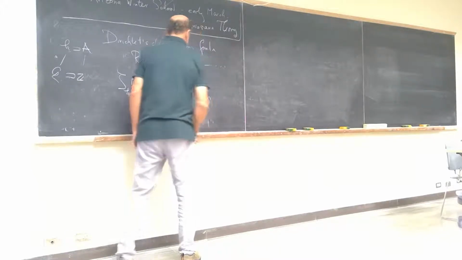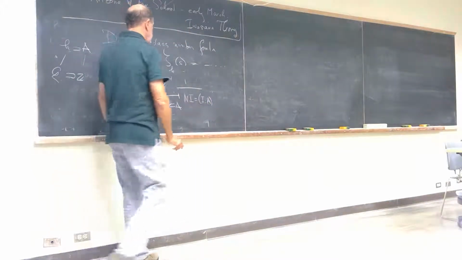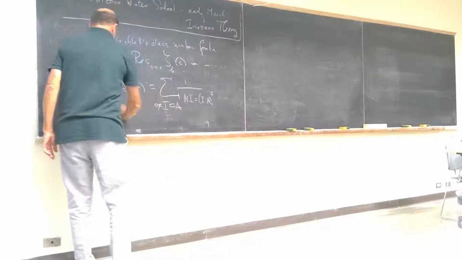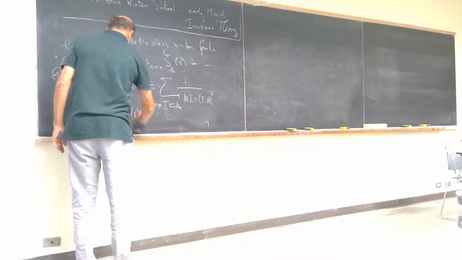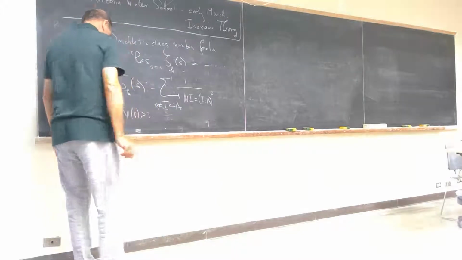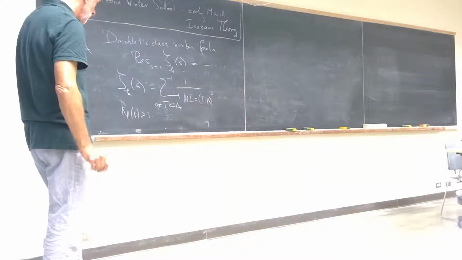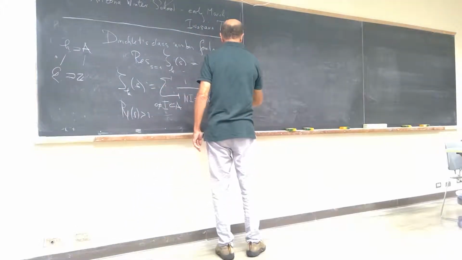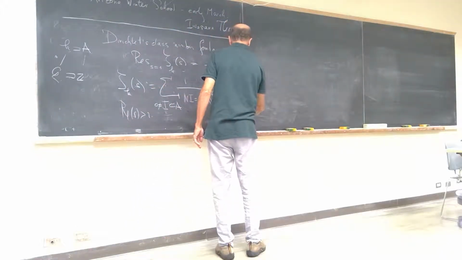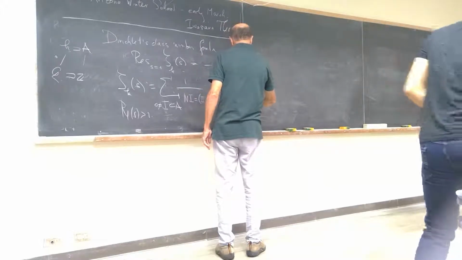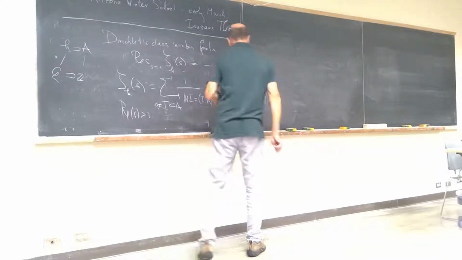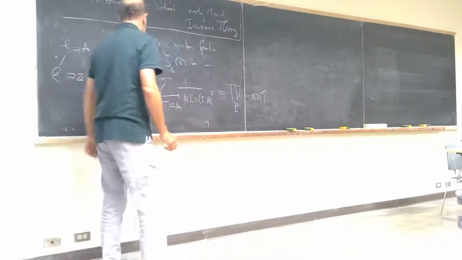It converges, just like the Riemann zeta function, for real s greater than 1, and it has an Euler product. We saw last time, because every ideal is uniquely the product of prime ideals, that it is the product over p of (1 minus the norm of p to the minus s) inverse, just like the Riemann zeta function.